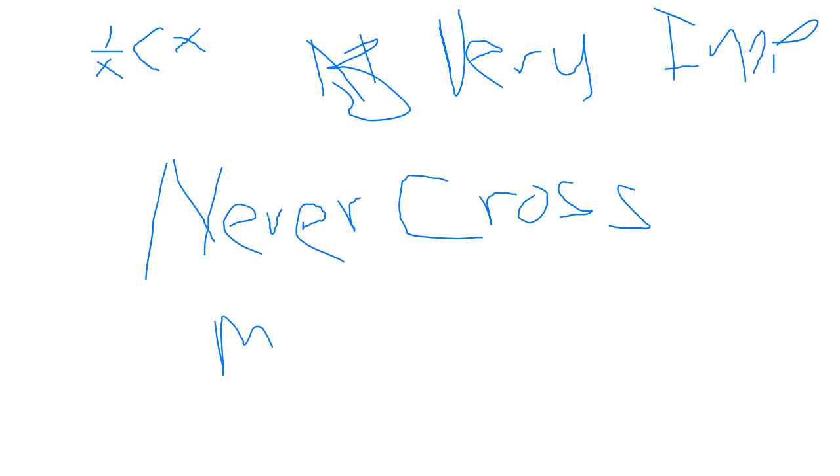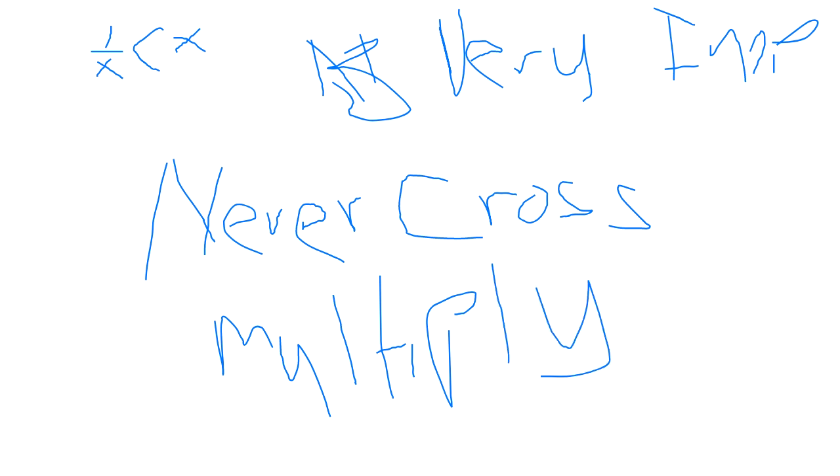Never do that. Because when you cross multiply, you are going to miss some of the answers. Here, we are looking for all answers in the real number system from negative infinity to positive infinity. That makes 1 over x always less than x. So please, that is one big error most of you make. Never cross multiply.